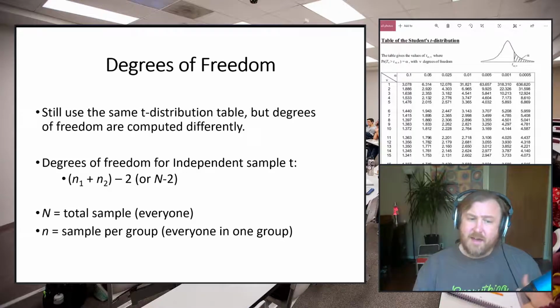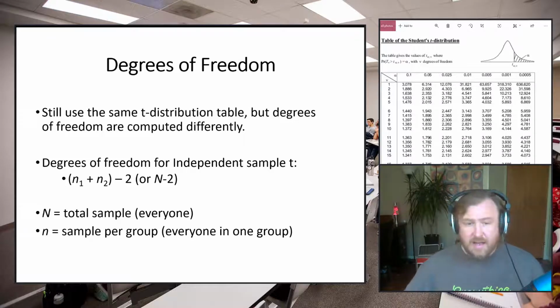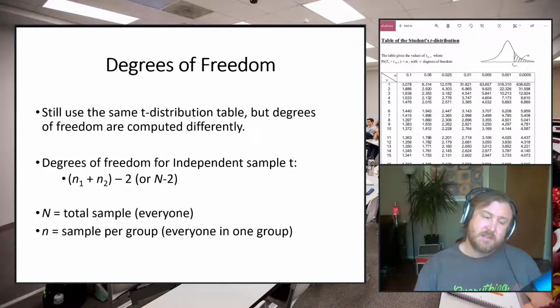We have a big N, which represents the total sample of everyone in the experiment. And then we have little n, which represents the number of people in one sample. In this instance, big N is going to be 30. We had 30 bonobos. But little n is going to be 15. We had 15 in each group.